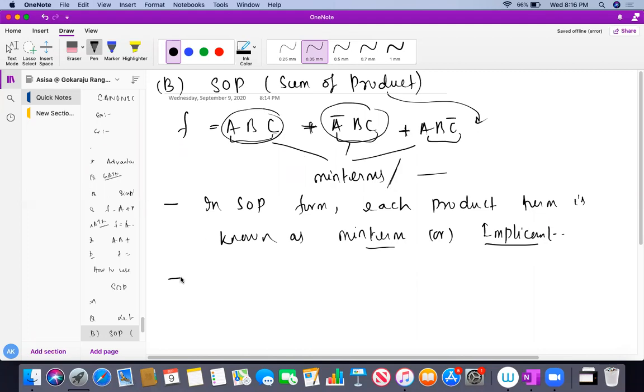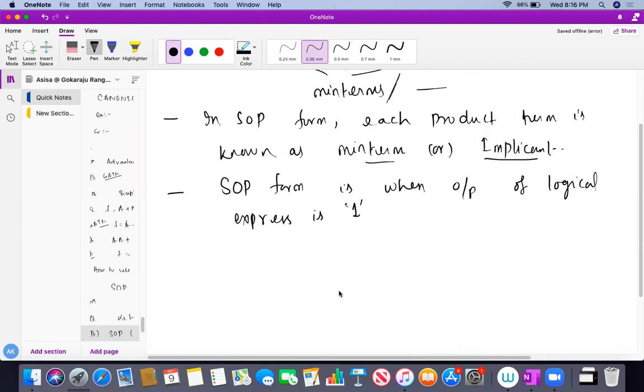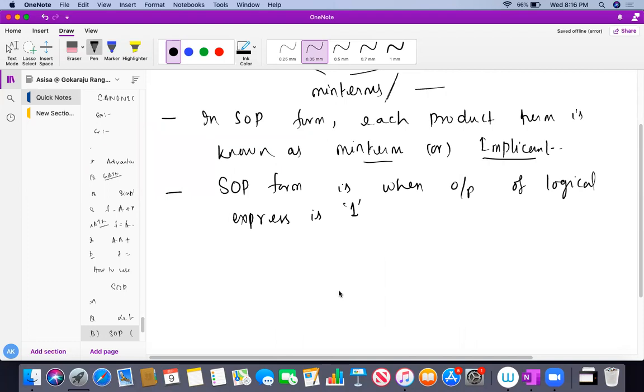Next, SOP form is used when the output of the logical expression is 1. Whenever the output in the truth table is 1, we are going to use the SOP form.